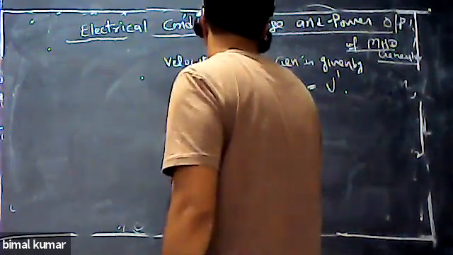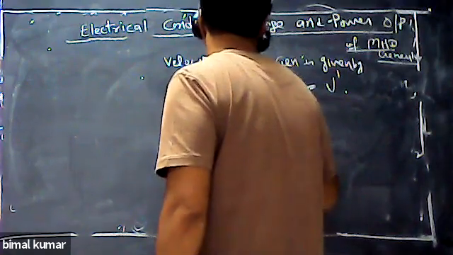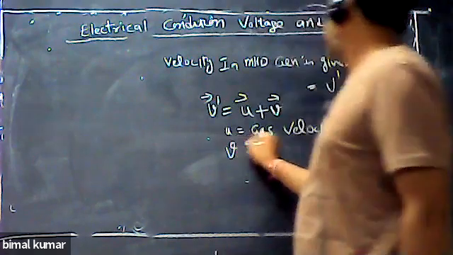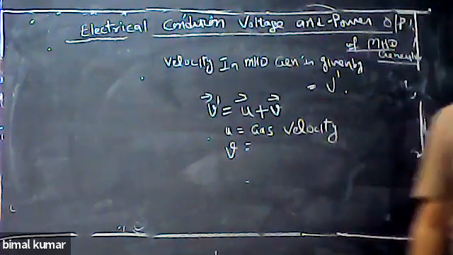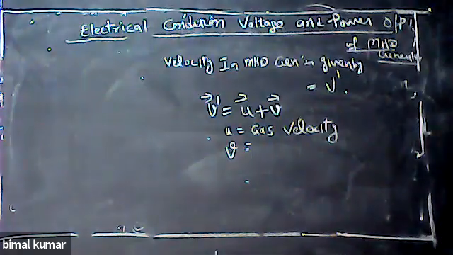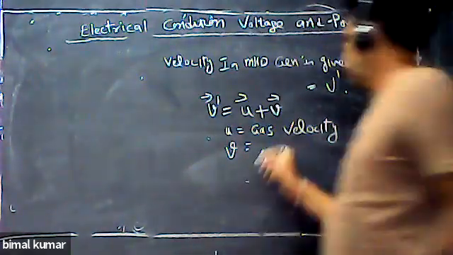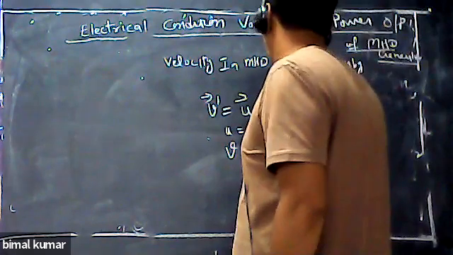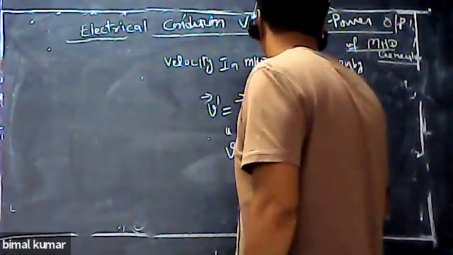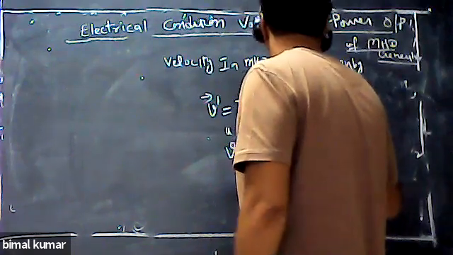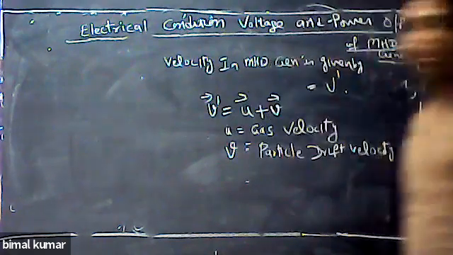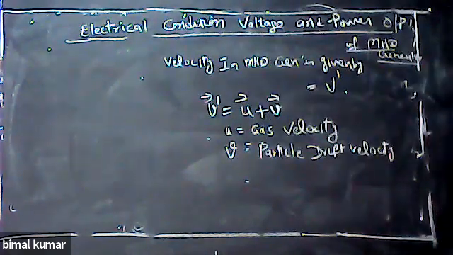U is the gas velocity, and V is the particle drift velocity.